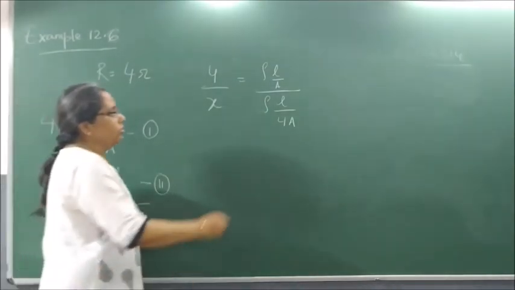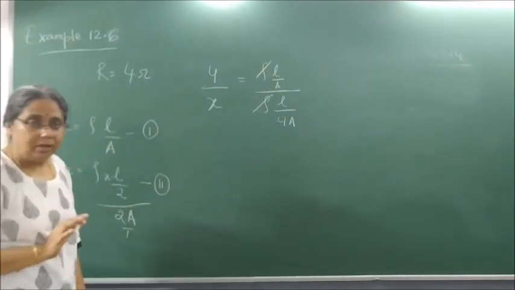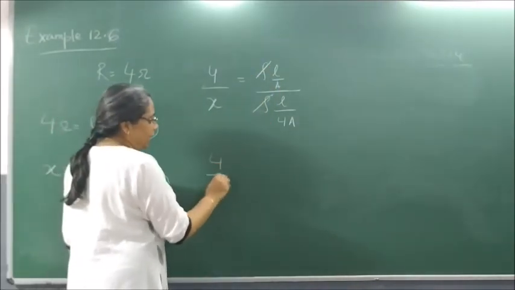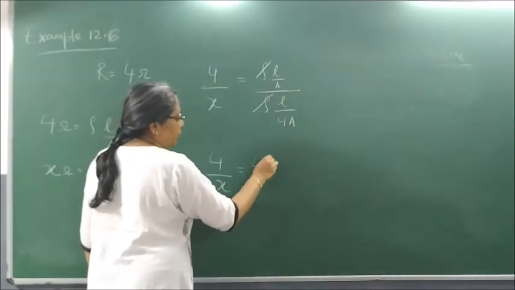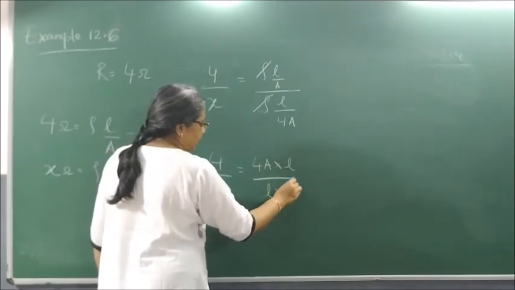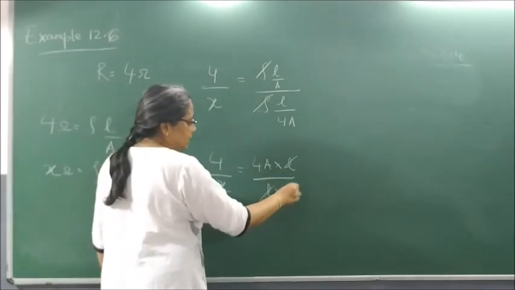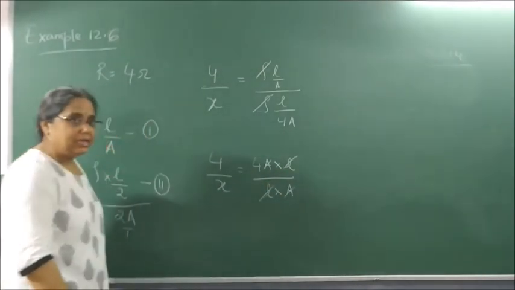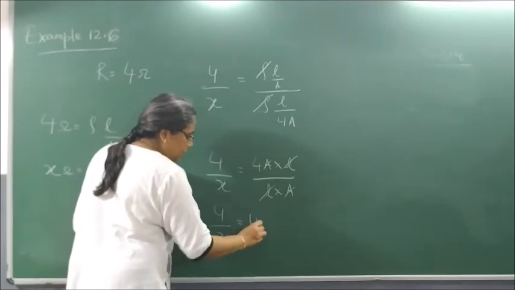So now this rho and this rho get cancelled, made up of the same material. Now 4 by x is equal to 4A into L by L into A. Correct? So this L and this L get cancelled, this A and this A get cancelled. So I get 4 by x is equal to 4.